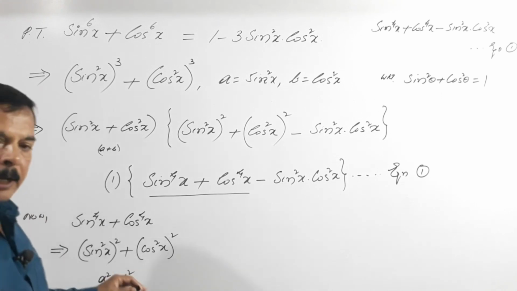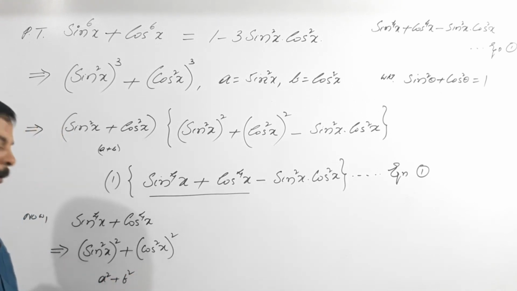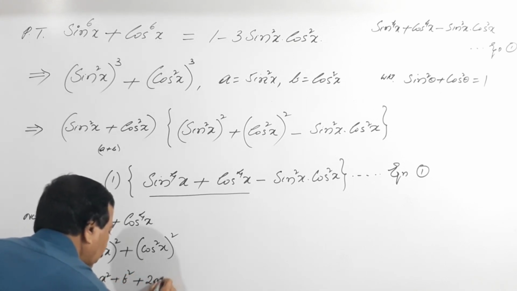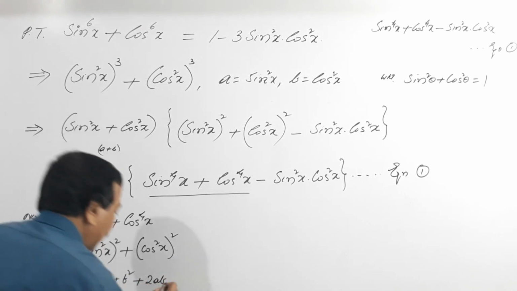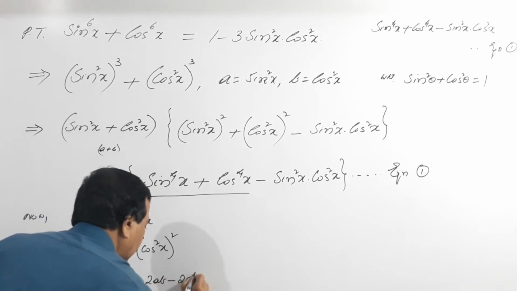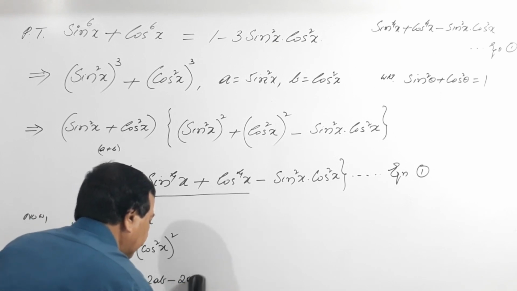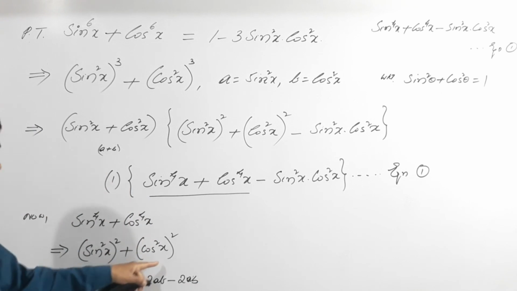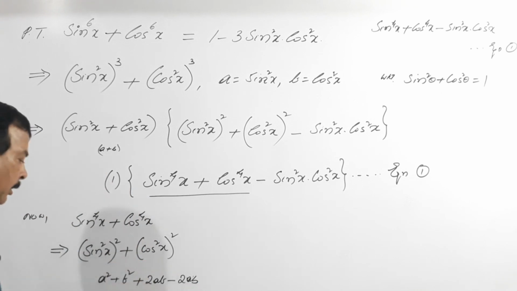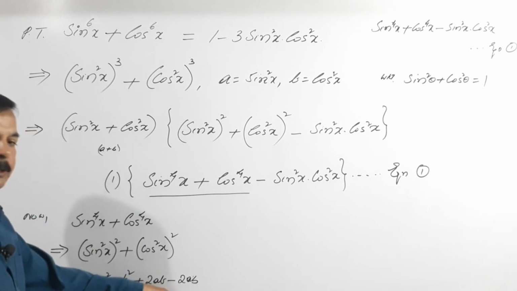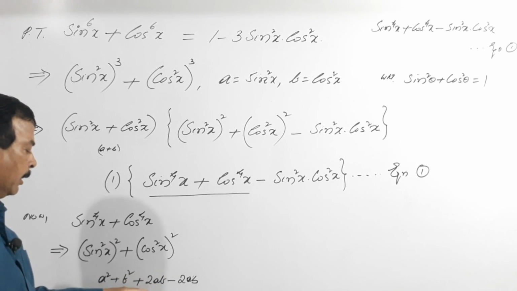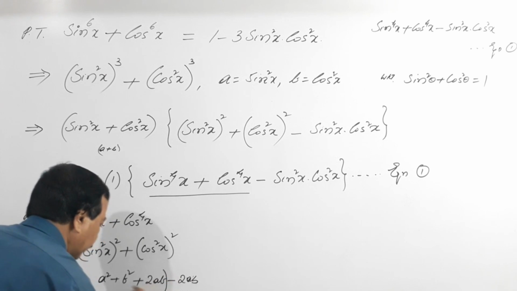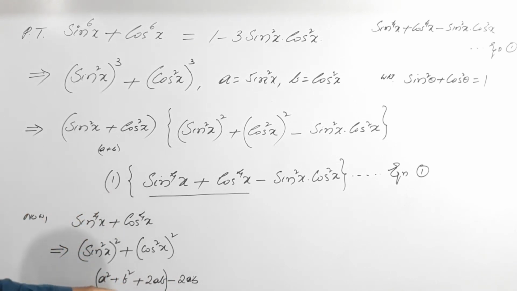So what I will do, इधर क्या करेंगे, a square plus b square के लिए मैं एक 2ab डाल दूंगा, plus 2ab मिलाऊंगा और बैलेंस करने के लिए minus 2ab डालूंगा. So what I have done, a square plus b square as it is, plus 2ab, and minus 2ab to balance it. So if you cancel, plus 2ab and minus 2ab hardly matters. फिर भी मैं plus 2ab minus 2ab डालूंगा. So इसके बाद क्या करूंगा, मैं इसको सेपरेट बनाऊंगा. तो क्या होगा, a square plus b square plus 2ab.